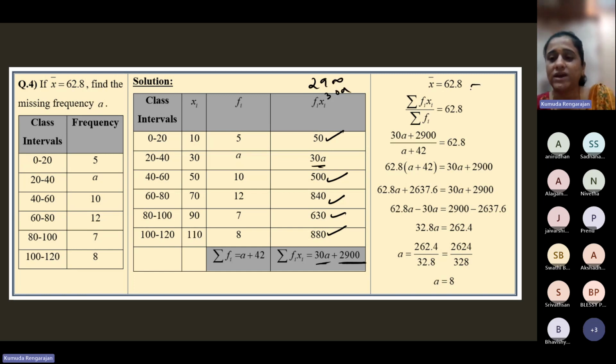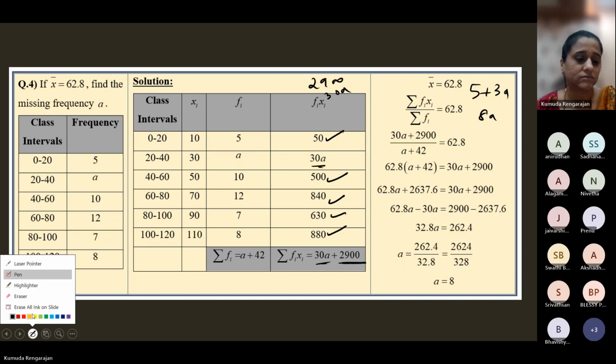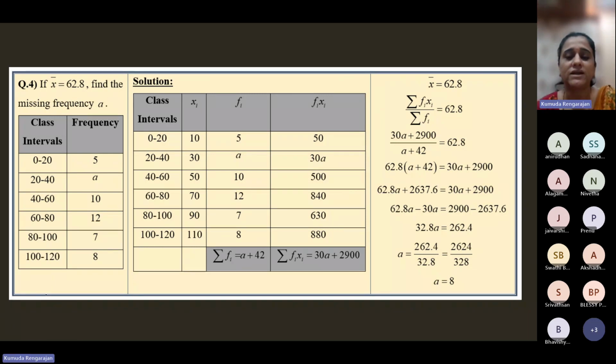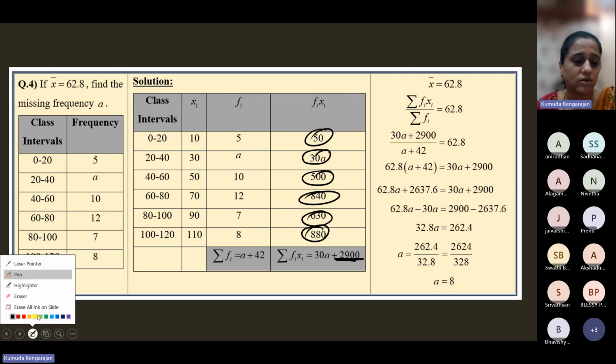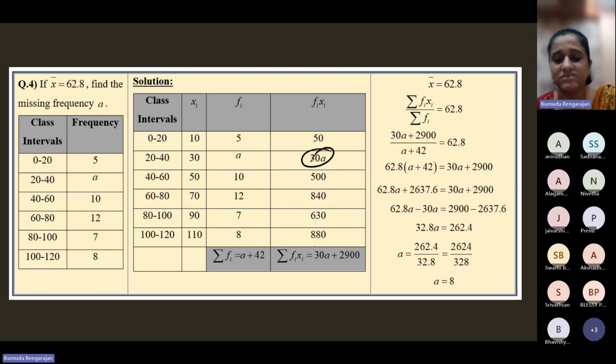Now, if you have 5 plus 3A, it is not 8A. 5 plus 3A is not 8A. 5 plus 3A is 5 plus 3A. So that's the other important thing. Add only the numbers. This is the total, 2900. Write this 30A as it is. So the total of this column is 30A plus 2900.